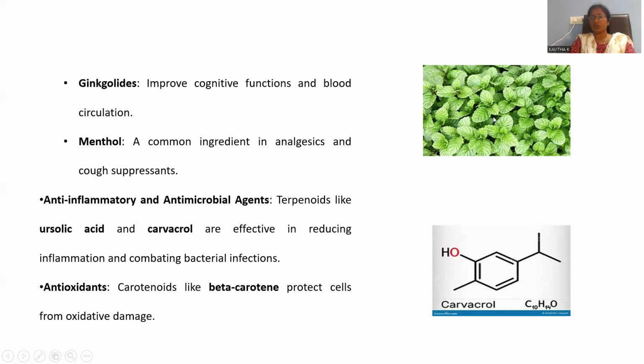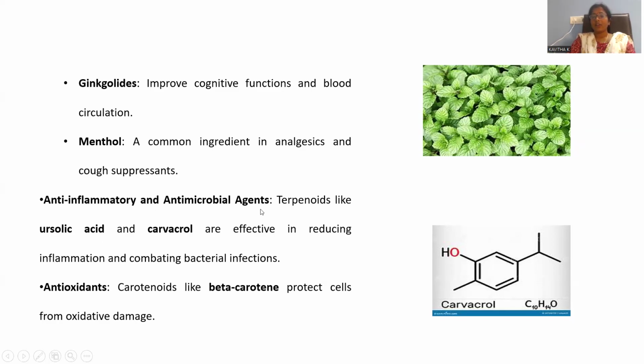Internal consumption is also effective for the curation of pains. And as a cough suppressant, even in cough syrups, we can find this mint flavor. That is because there is a property called cough suppressant, a cough relieving agent it will be, right?